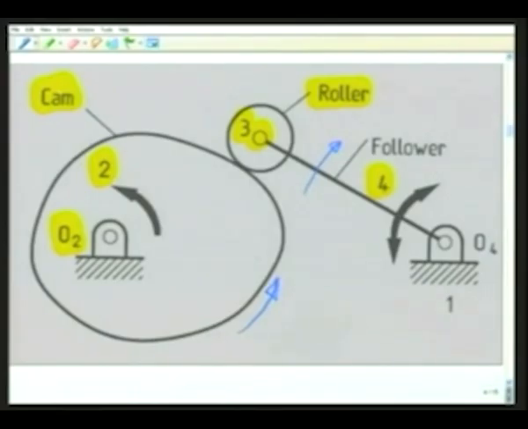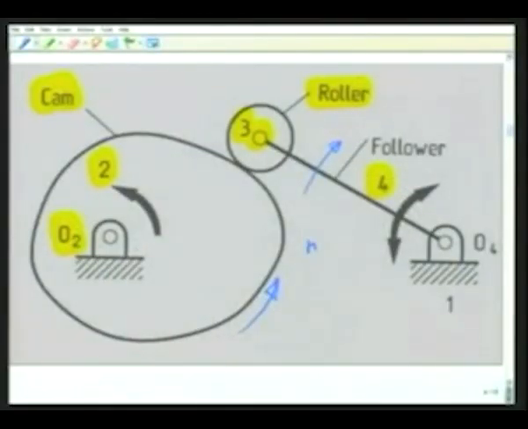As we have seen, there is a unique input-output relationship depending on the shape of the cam profile. So the degree of freedom should turn out to be 1. But let me do it by counting according to our formula. We have already seen that there are 4 links, so n is 4.